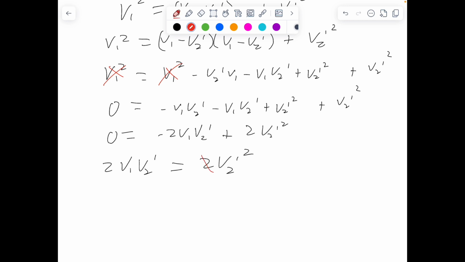Both sides get a 2, so we can divide out a 2 from both sides. And hey, look, there's a V2 prime in there, so we can also factor that out. And look at what we're left with here. V1 is equal to V2 prime. The speed of ball 1 before is equal to the speed of ball 2 after.